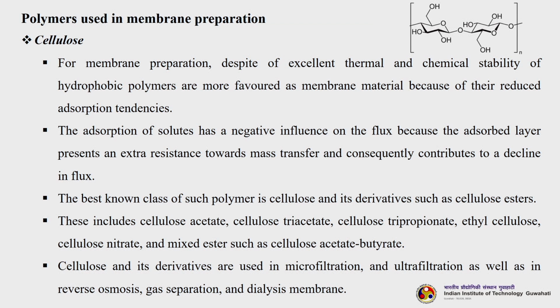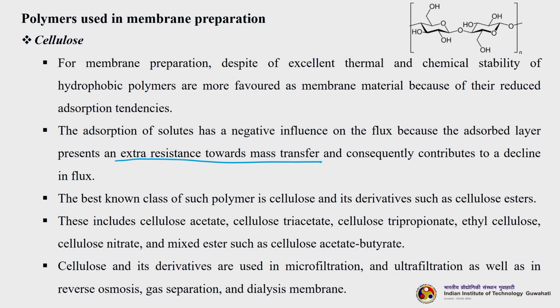So, hydrophobic polymers are more widely used because their adsorption tendencies towards solute will be very less, so that the deposition of the solutes on the surface of the membrane as well as the consequent fouling will be less. The adsorption of solutes has a negative influence on the flux because the adsorbed layer presents an extra resistance towards mass transfer and consequently contributes to a decline in flux.